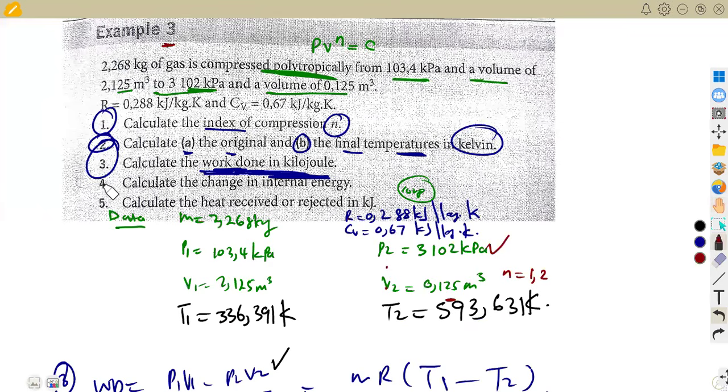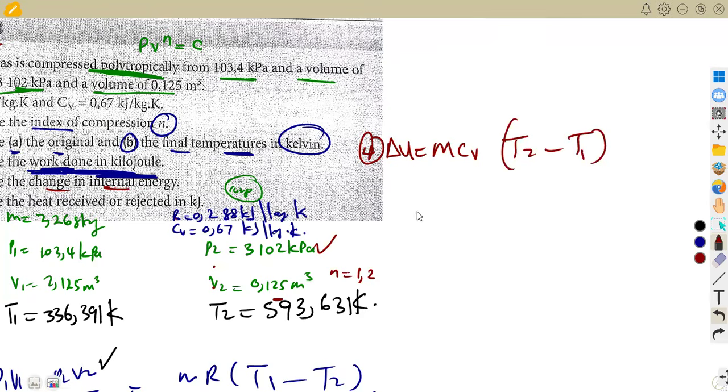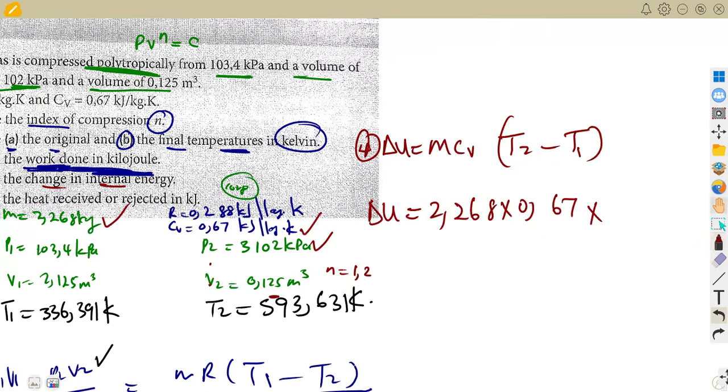Then the other part, they want us to calculate the change in internal energy. All right, remember that the change in internal energy is given by m C_V (T2 minus T1). So the mass, which is 2.268, times C_V, constant volume. Our C_V is 0.67 times the change in temperature, which is T2 minus T1.